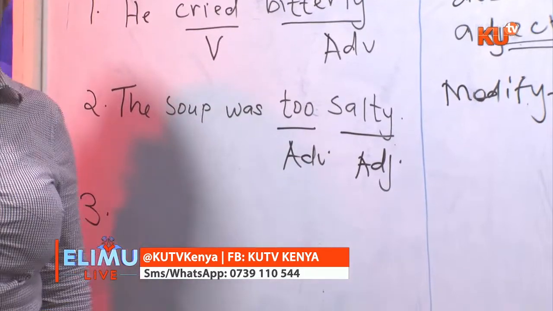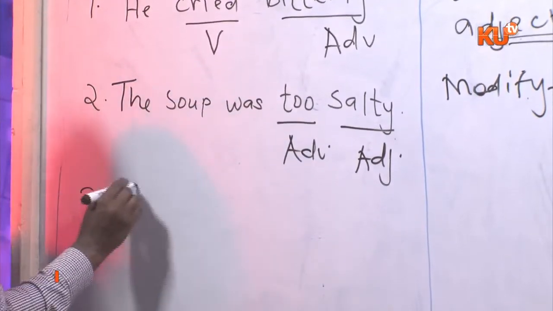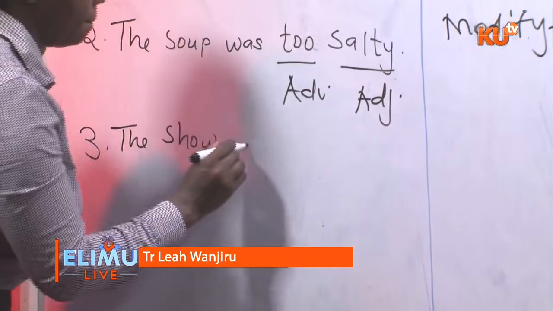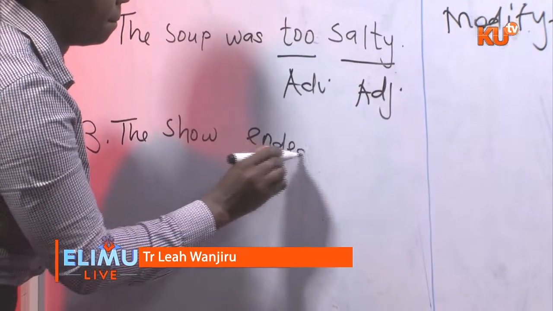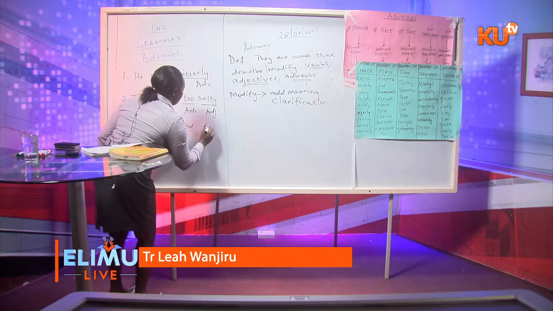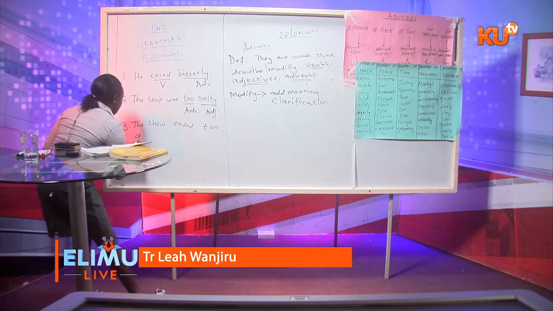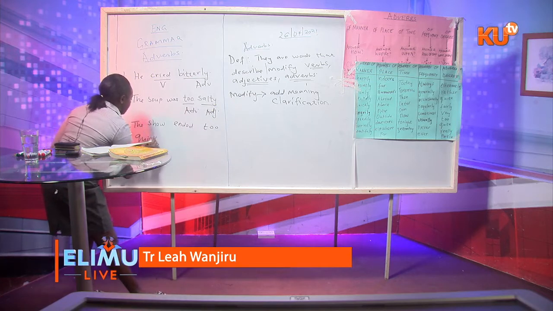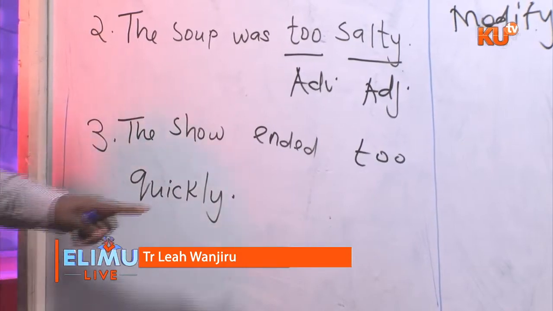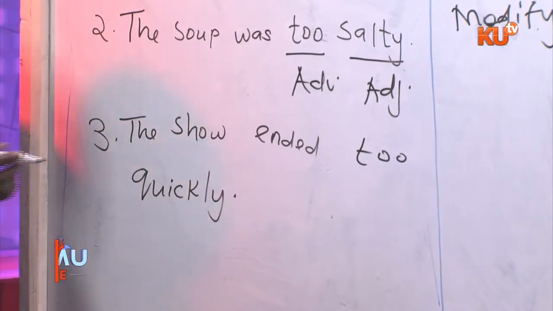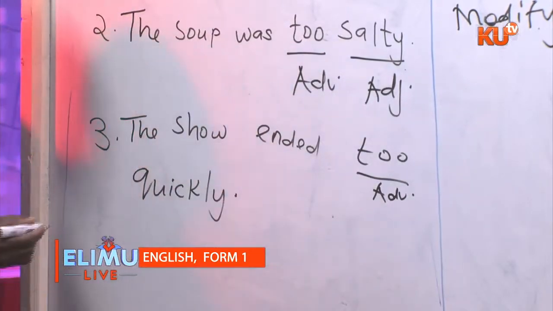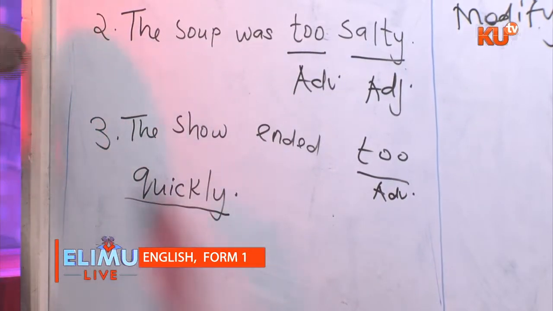An example of a sentence: the show ended too quickly. Too is an adverb modifying another adverb.